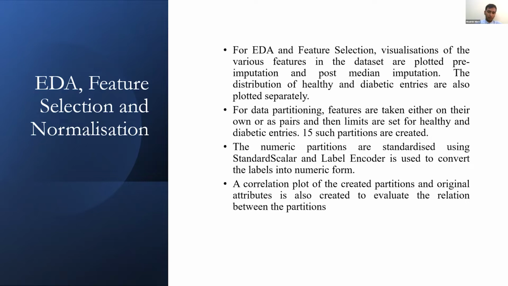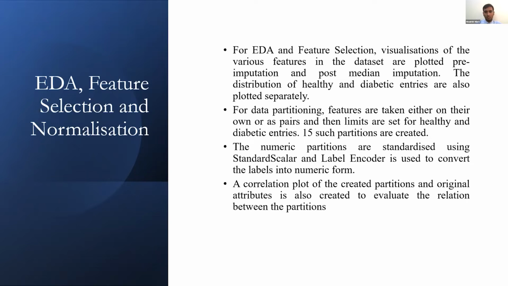We've got a lot of numeric and categorical columns, so we're combining 2 numerical columns together, 2 categorical columns together, and finding the relationship between them, and then creating 15 such partitions. Next, all the numeric columns are standardized using standard scaler, and we encode all the labels into numeric form using label encoder.